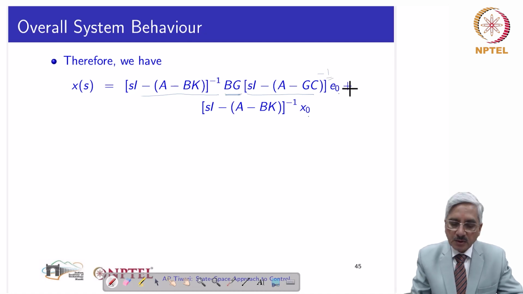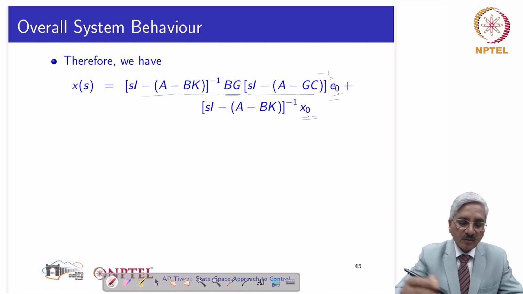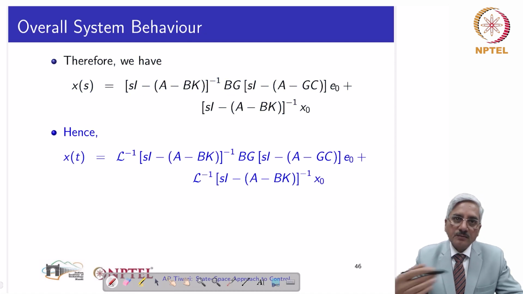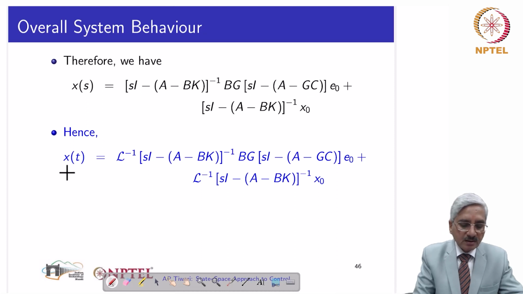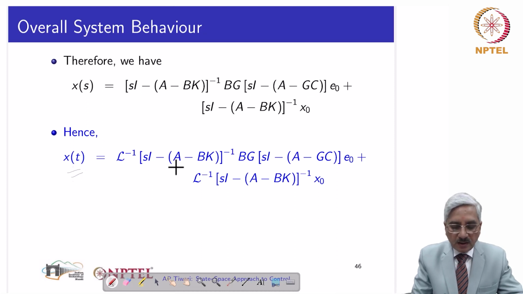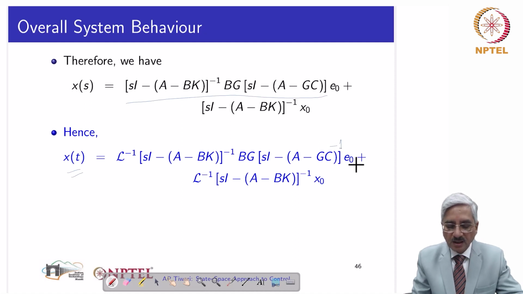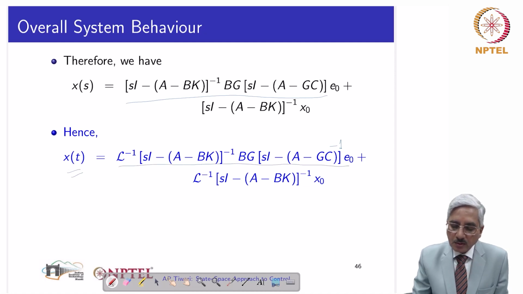It consists of two terms, one with x0 and one with e0. So if we take the inverse Laplace transform to obtain x(t), it will be the inverse Laplace transform of this whole term, and the inverse Laplace transform of this term. So we see that x(t) consists of two terms.